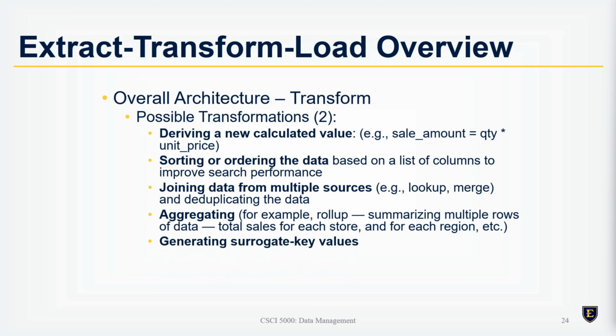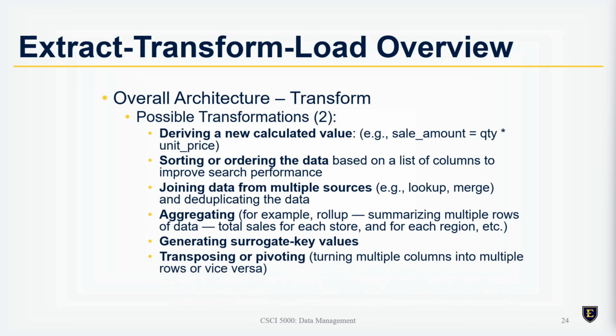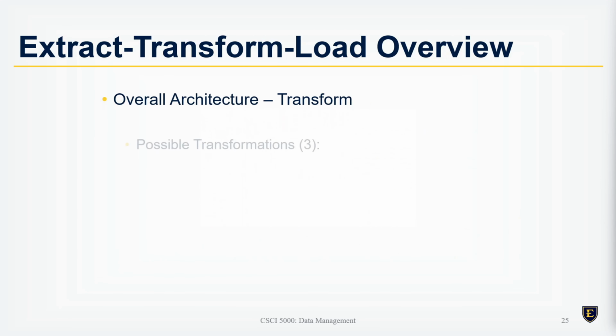Gathering surrogate key values, so keys that are not really real, but are used to ensure that you have a unique identifier in the destination tables. Transposing or pivoting, turning multiple columns into multiple rows, or so forth.